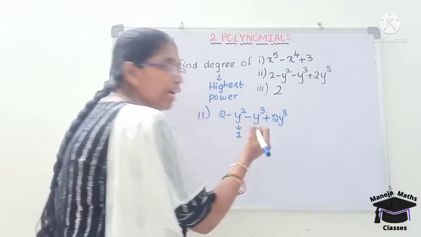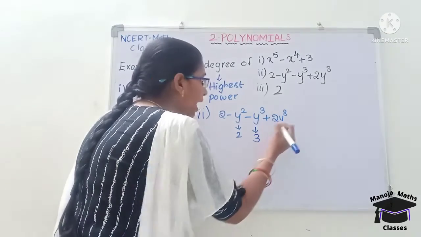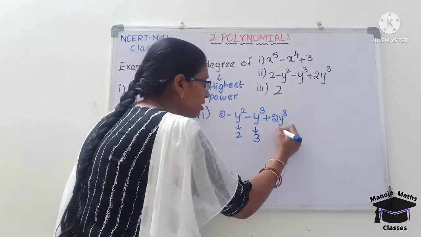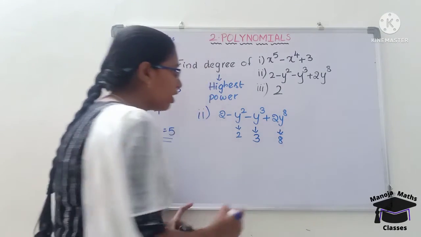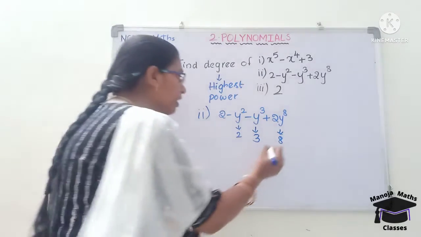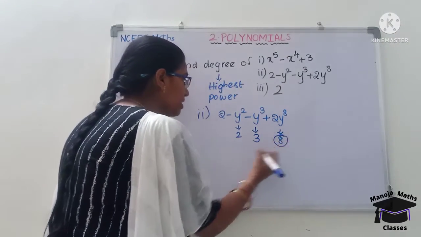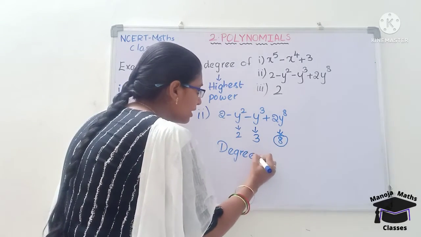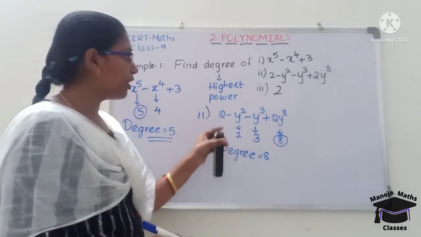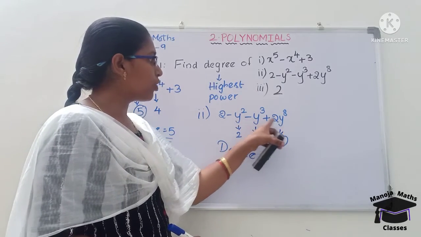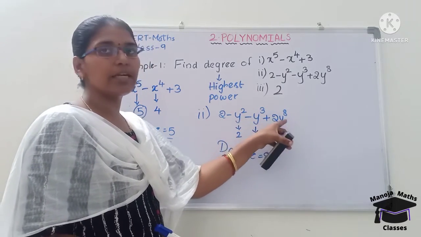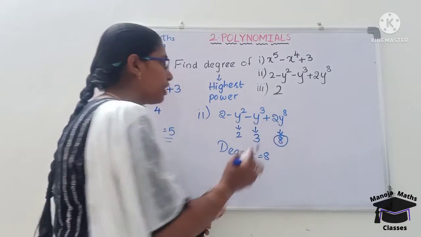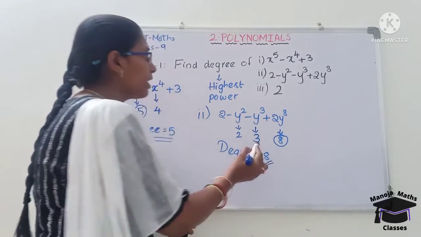In y cube, the exponent is 3. And in 2y power 8, the exponent is 8. What is the highest exponent, children? In 2, 3, 8, 8 is the highest. So, the degree of this polynomial will be 8. Degree is the highest exponent. In y square, y cube, y power 8, 2, 3, 8 are the exponents. The highest exponent is 8. So, the degree will be 8.